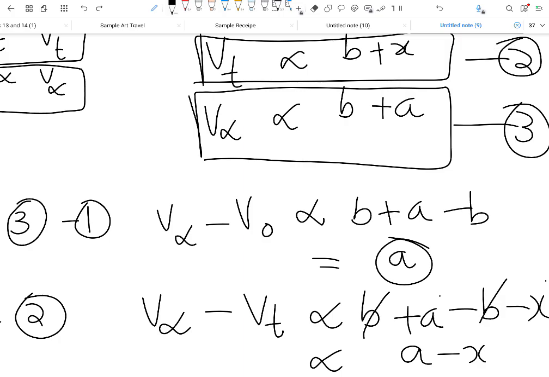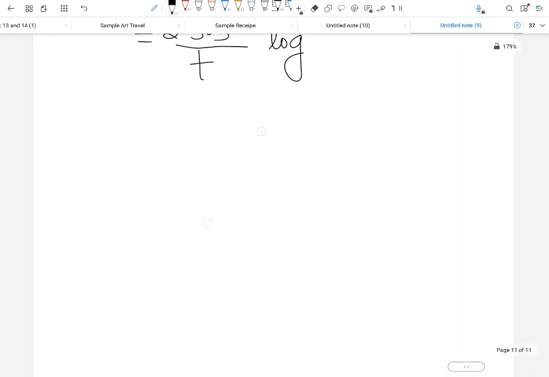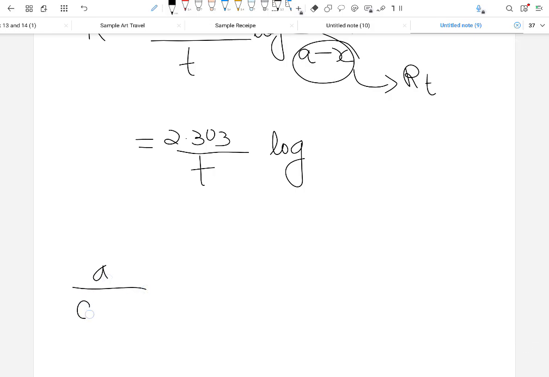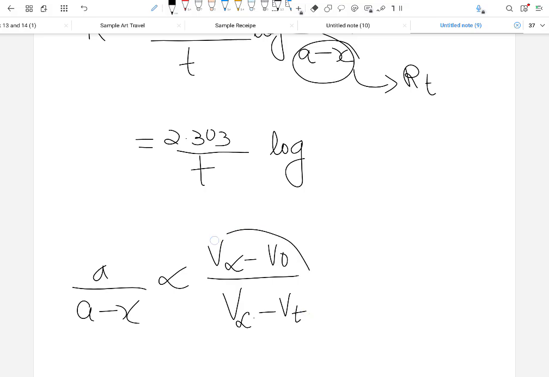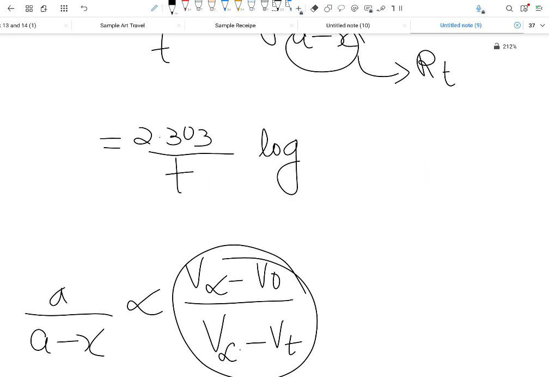Because I need A by A minus X only, right? A by A minus X is a ratio only, so I can take it here. Even though it is not exactly equal, A is not equal to V infinity minus V0, it is directly proportional, but since it is a ratio, I can take it directly here. So this will be equal to V infinity minus V0 divided by V infinity minus Vt, correct?